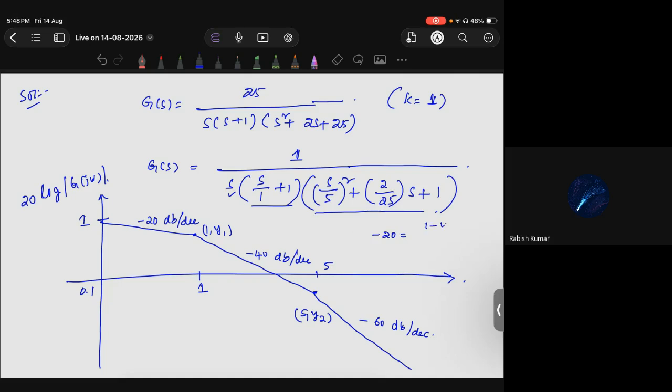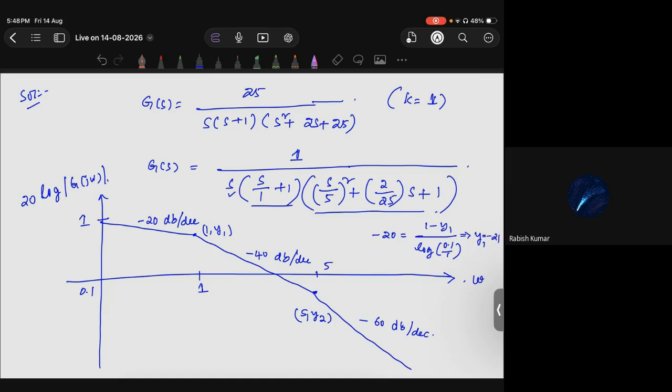The slope is y2 minus y1 divided by x2 minus x1, because the x-axis is a logarithmic scale, so log of x2 by x1, where x2 is 1 and x1 is 0.1, so 0.1 by 1. This is the equation. What do you get? You'll get y1 here. If you do the calculations, you'll get minus 20, minus 21.